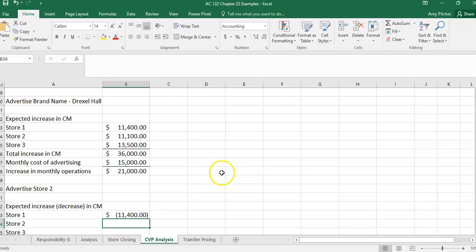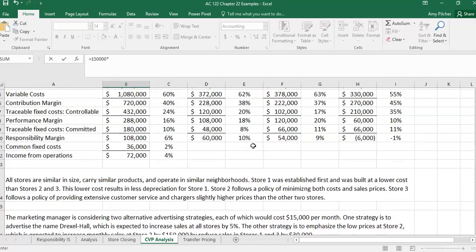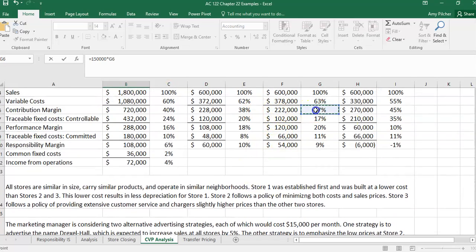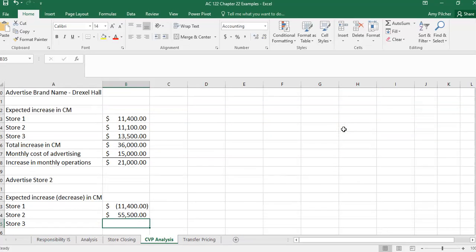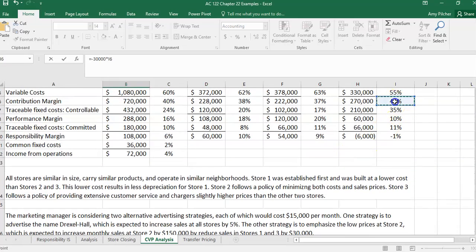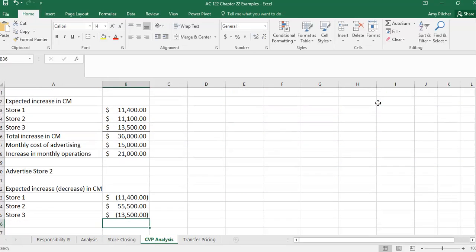Store 2 is going to increase sales by 150,000. So we're going to take 150,000 times our contribution margin ratio for store 2. And store 3 is also going to have a negative 30,000 in sales times the contribution margin for store 3.